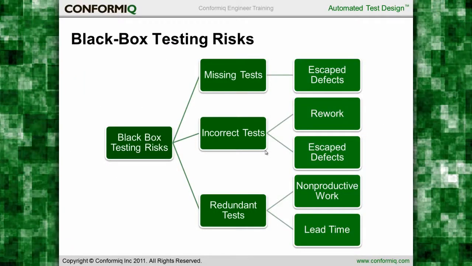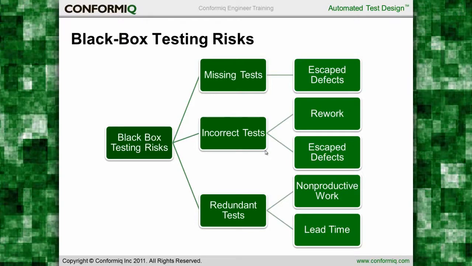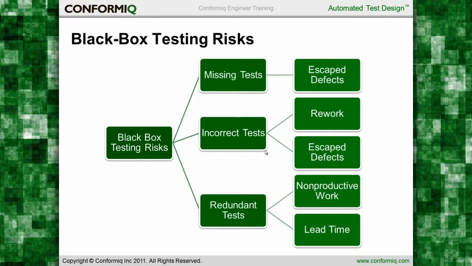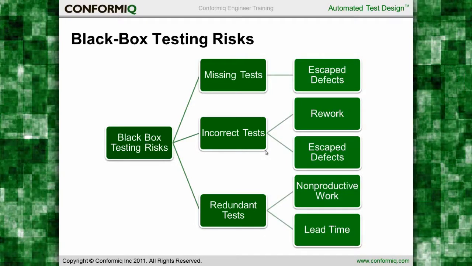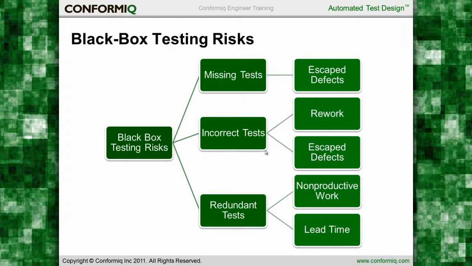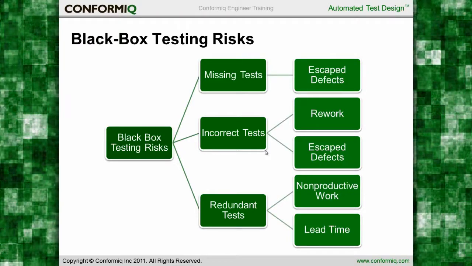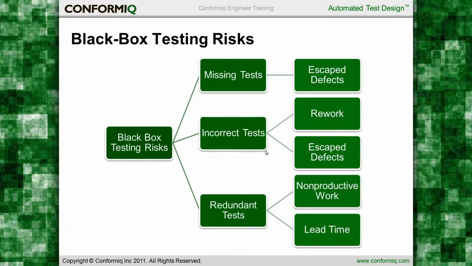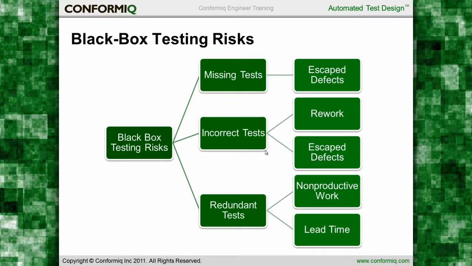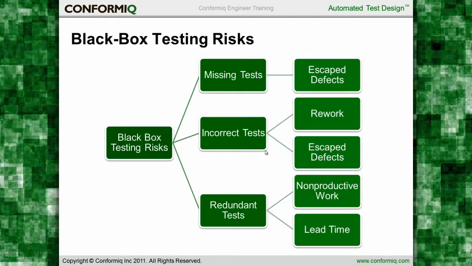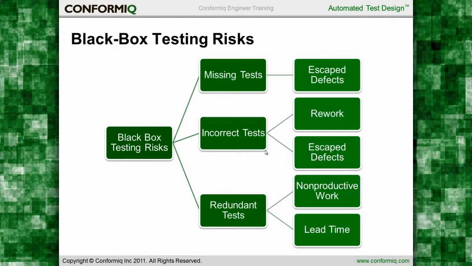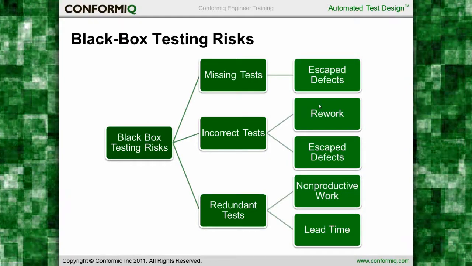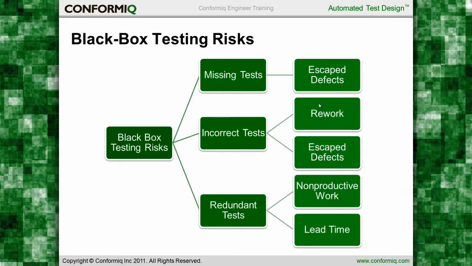Now, this manual test design is a demanding task and therefore involves risk. The test designer can miss test cases, create incorrect test cases, and redundant test cases. And then as a result, defects escape to the field. The test designer needs to do rework because the test cases weren't correct.